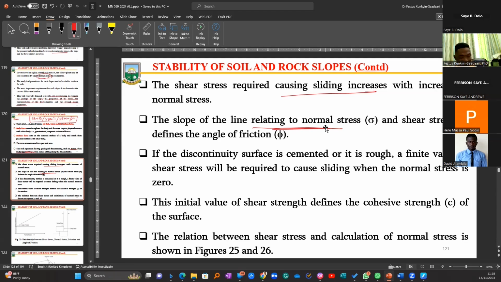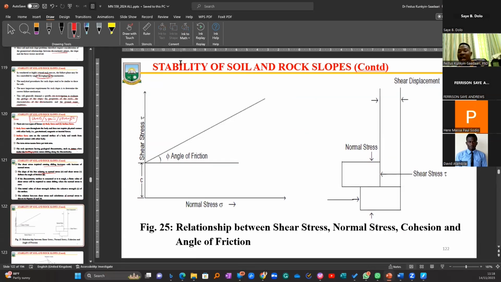So the initial value of shear strength defines the cohesive strength, from our previous lessons. Then we have the relation between the shear stress and the normal stress, which is now shown below. So let's take a look at this. So I have my rock material. The internal angle of friction, we said, is the friction that exists between two surfaces in the material we are considering.